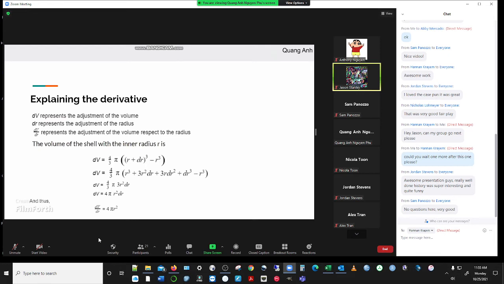As a result, the volume of the shell with the radius r is dV equal to four thirds pi times the difference between the volumes. If we expand it out, it will be r cubed plus 3r squared dr plus 3r dr squared plus dr cubed minus r cubed. We can see in here dr is just a small change in the radius, so dr squared and dr cubed are even smaller, right?